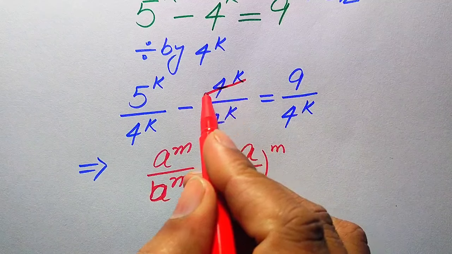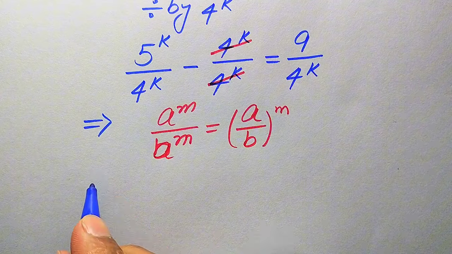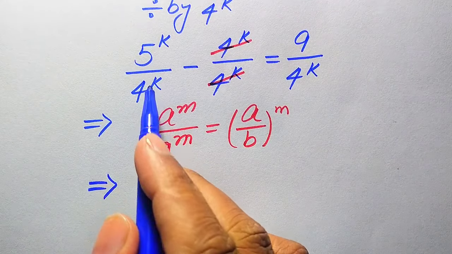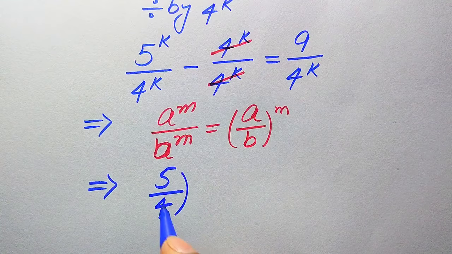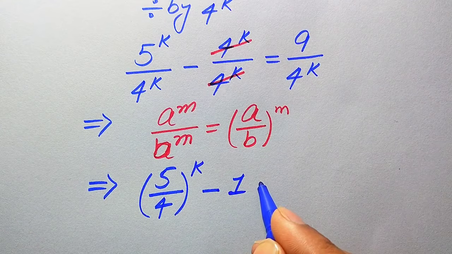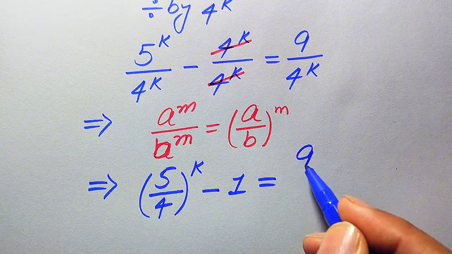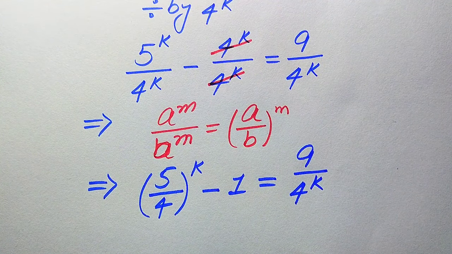You see that 4 to the power of k and 4 to the power of k cancel out, and the remaining terms give 5 divided by 4 to the power of k, minus 1, equals 9 divided by 4 to the power of k.